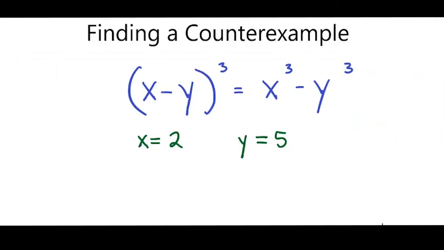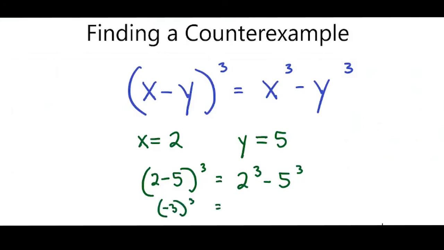So that would be 2 minus 5 cubed equals 2 cubed minus 5 cubed. Well, 2 minus 5 is negative 3 cubed equals, well, 2 cubed. 2 times 2 times 2, that's 8. All right. Minus 5 cubed. That's 5 times 5 times 5.